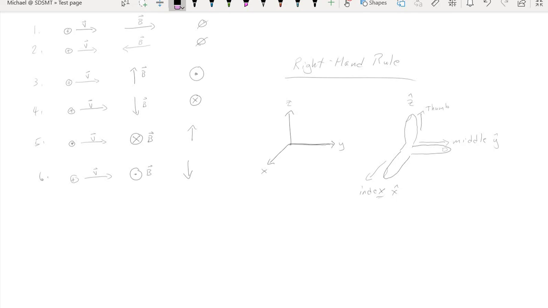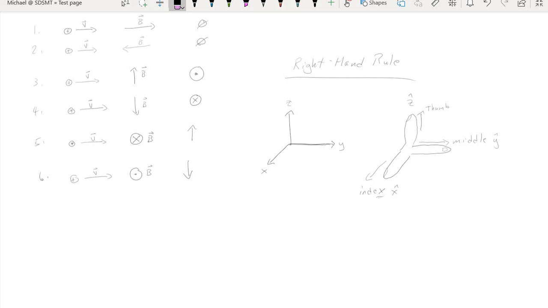But our index finger, our middle finger, and our thumb, those will be the directions that we use to point in any of the given directions. And so this is how we will define the right hand rule. Now, you can rotate your hand in any direction that you want, but the relationship between the x-axis, the y-axis, and the z-axis as it pertains to your hand is always the same.